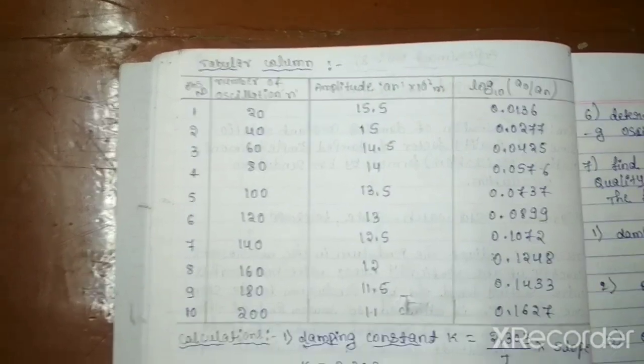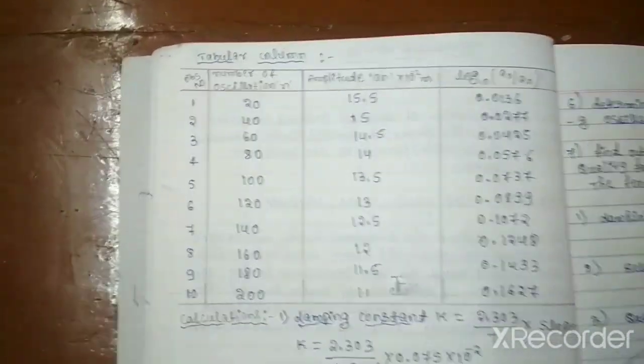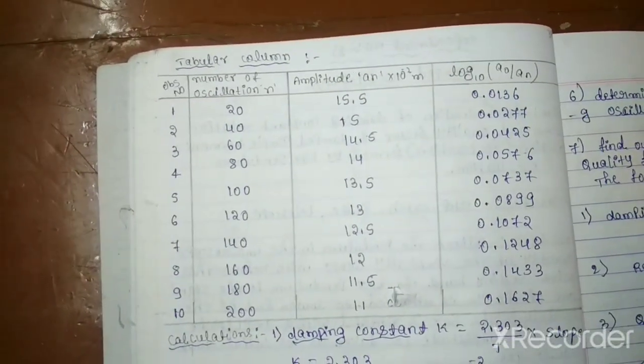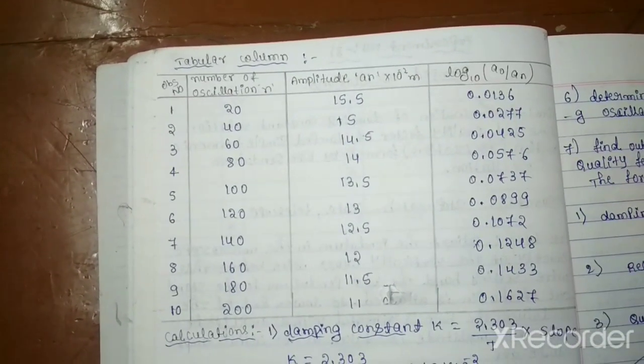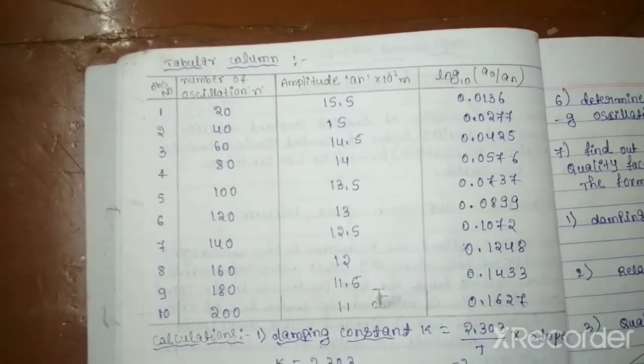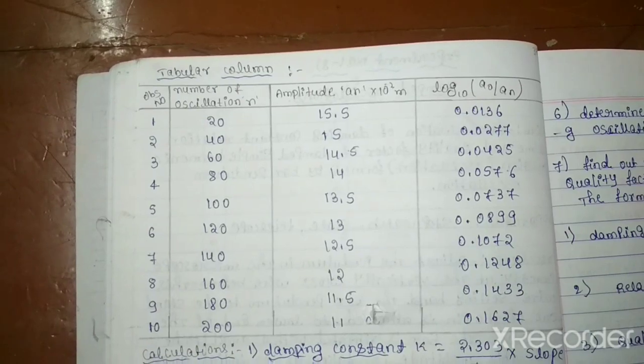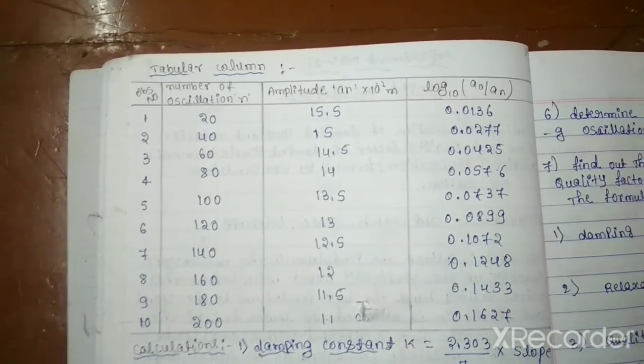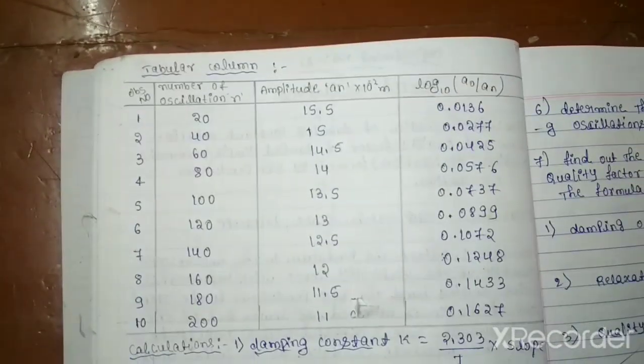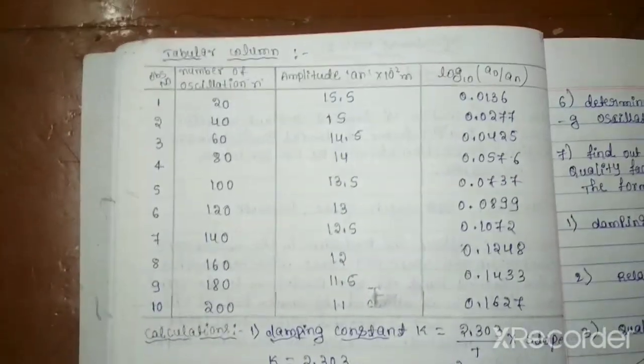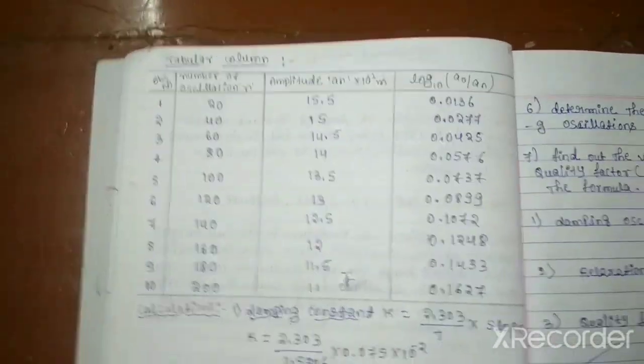You have to count the oscillations up to 200, and for every 20 oscillations note down the corresponding amplitude. The amplitude values are in decreasing order, so the amplitude of the oscillating body decreases.